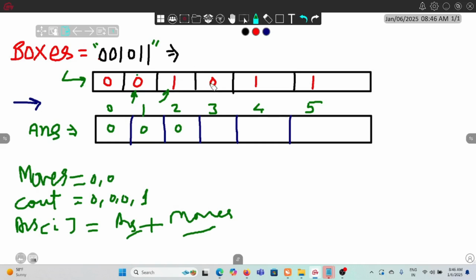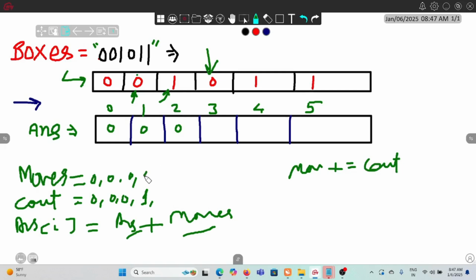Now we are coming to this guy. Whenever we have count, we will update these moves. So far it was 0, but moves equals moves plus count. Let me write it like this. As soon as the count increases, the moves also would be increased that many times, whatever is the frequency.